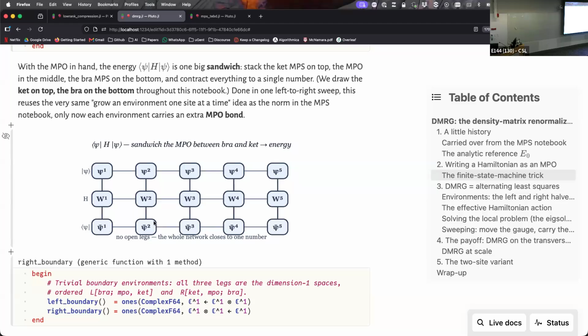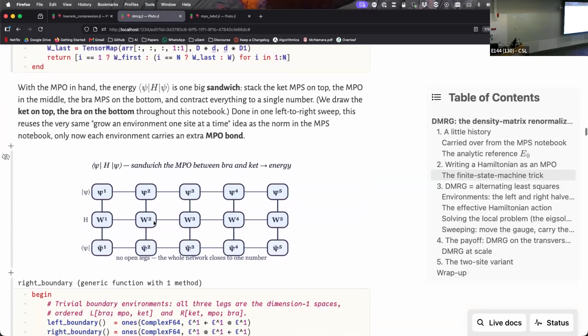In some sense, the bond dimension of the MPO is determined by how many operators are going to act in between these two halves at the same time.